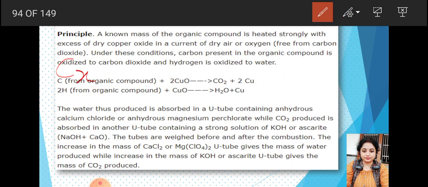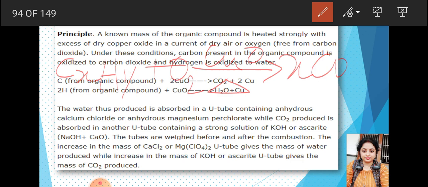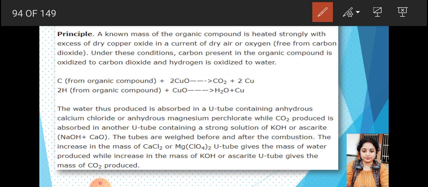CxHy plus oxygen, heated in the presence of cupric oxide, gives x mole of CO2 plus 0.5 y, or you can say y by 2, H2O. Okay, this will be the reaction.